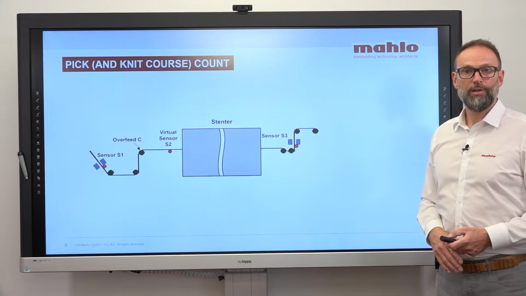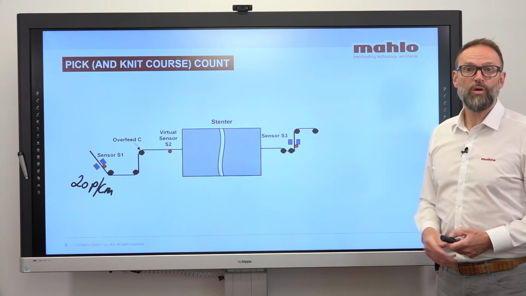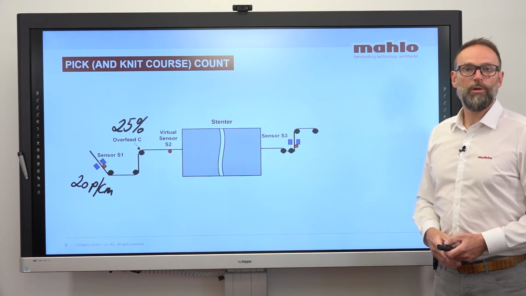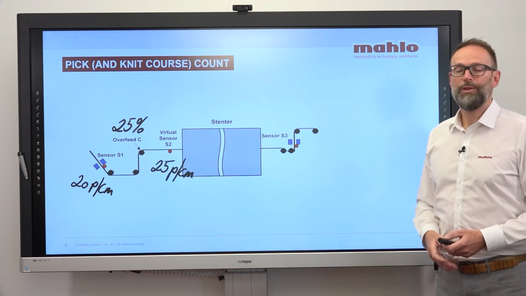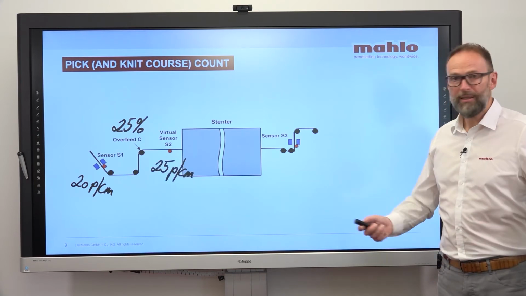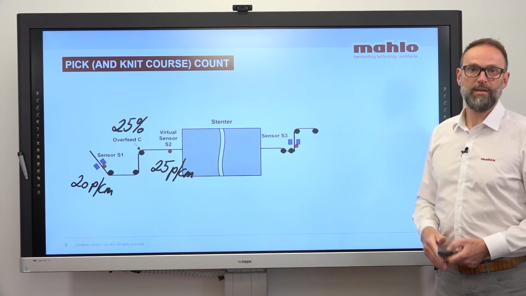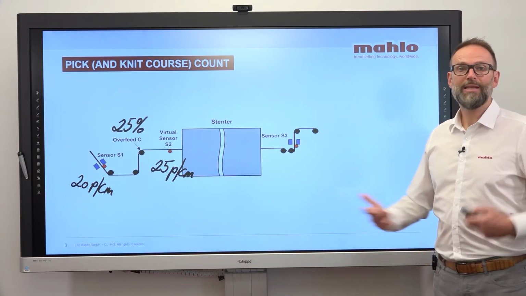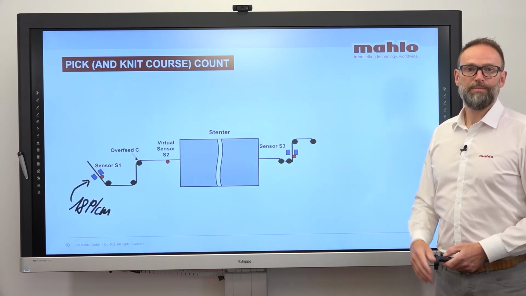Let's give you a small example. If we are coming with 20 picks or 20 courses per centimeter, and we will have an overfeed of 25%, we'll end up with 25 picks per centimeter. But as we have learned before, it is not always coming with 20 picks per centimeter. Sometimes within one piece, it is also having 18 picks per centimeter.